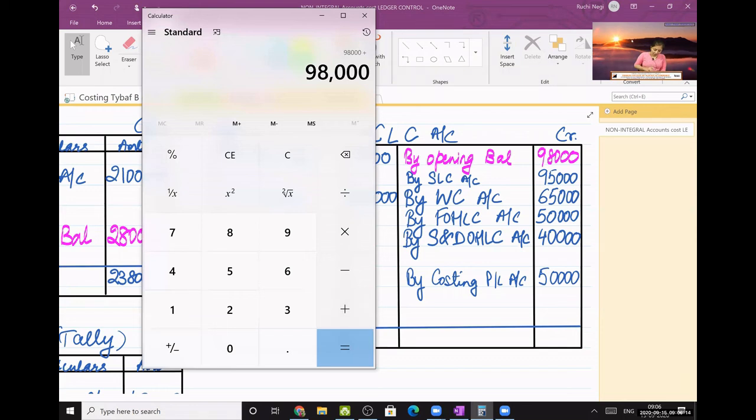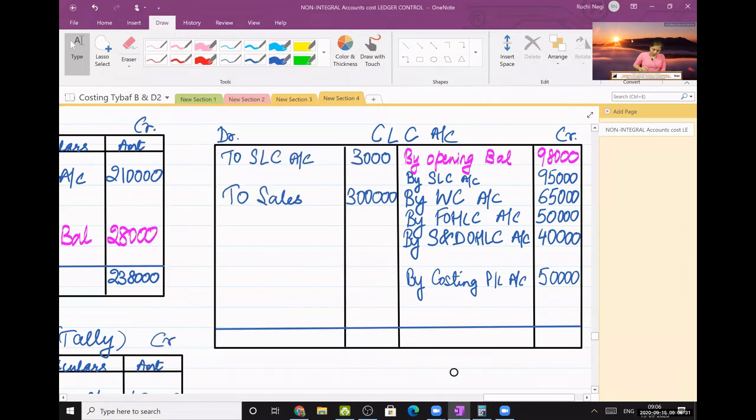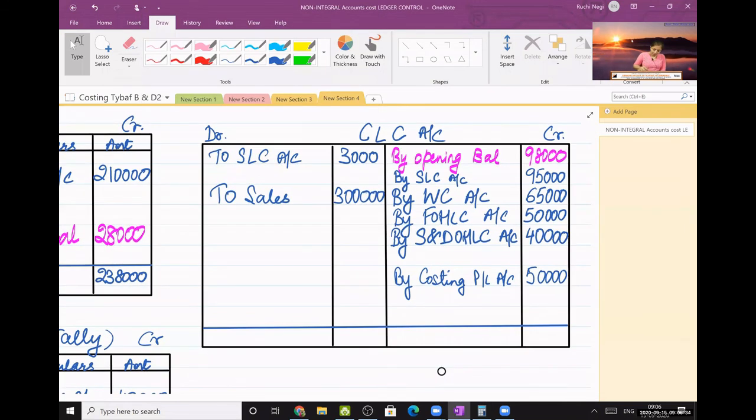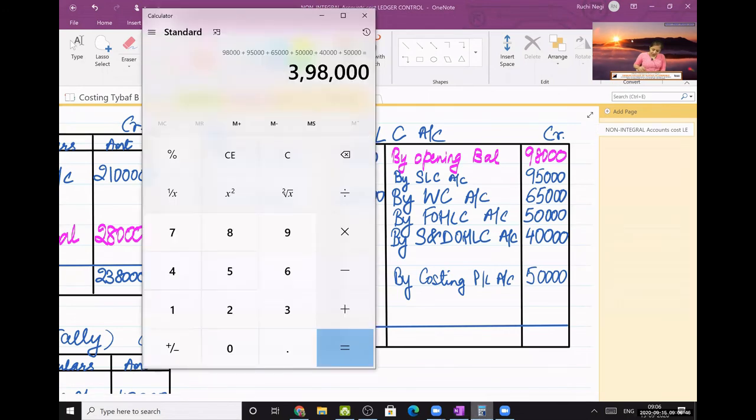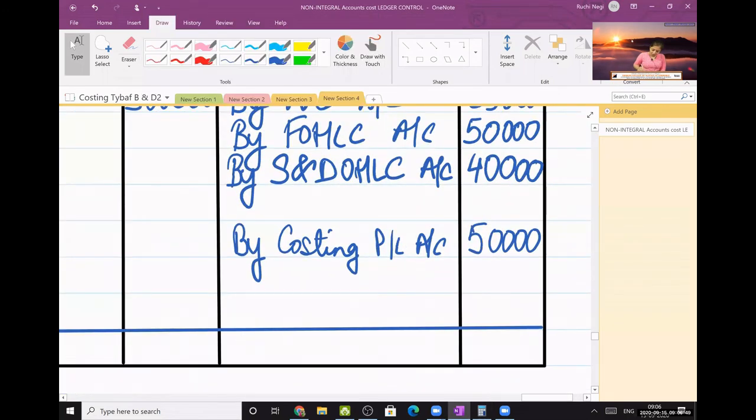98,000 plus 95,000 plus 65,000 plus 50,000 plus 40,000 plus 50,000. So 3,98,000. Okay, Haniksha, trial balance tally with 95. Okay, fine. Good. That's my balance here, 3,98,000.